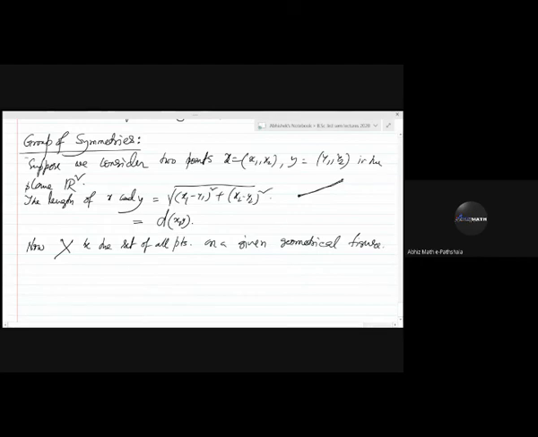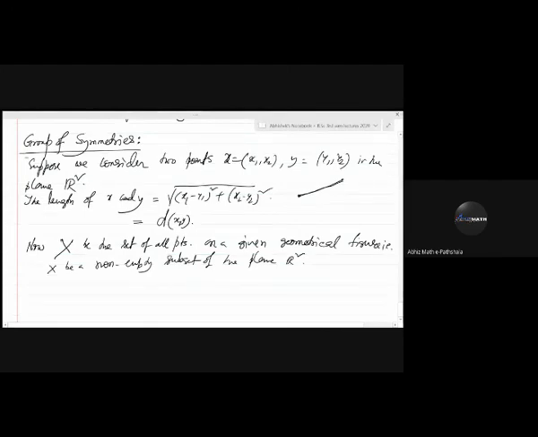That means X is a non-empty subset of the plane R2.